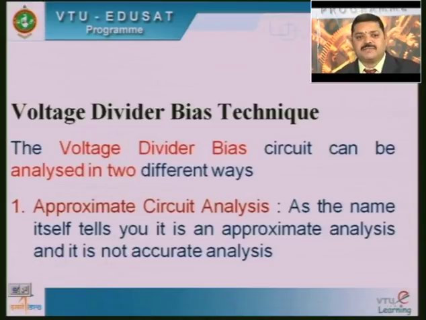As the name tells you, it is an approximate analysis and not the accurate analysis. Accurate analysis means we need to go for a precise technique, which is the second technique. We will see that later. So, the first technique we will study is the voltage divider bias circuit by approximate analysis.